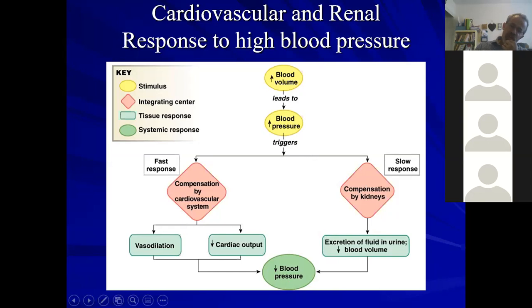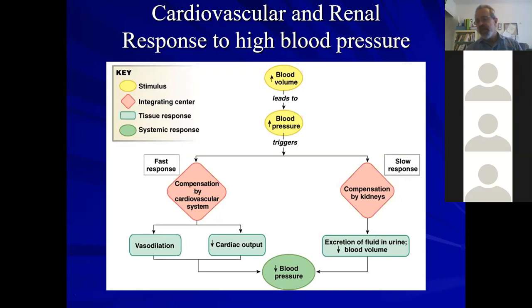If the pressure is really high, that will lead to an increase in excretion. And you remember that hormone we spoke about a while ago? We'll talk about it again, I think, with the endocrine system: ANF or ANP, atrial natriuretic peptide. This hormone goes up during high blood pressure and causes the kidneys to excrete more fluid and salt, which will also lower the blood pressure.